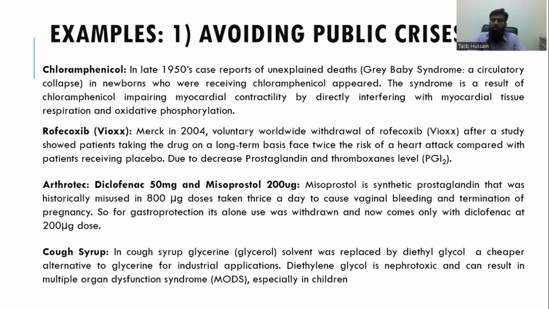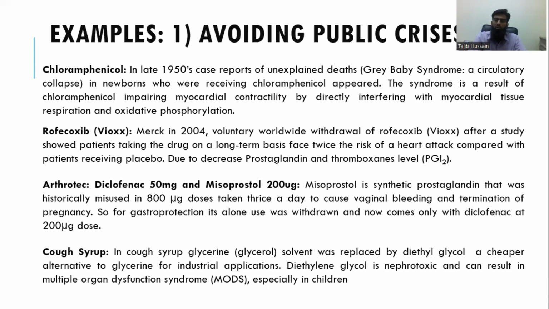When it was administered on a longer-term basis, it was seen to cause decreased levels of prostaglandin and thromboxane, PGI2, in the heart, which increased the chances of heart attack. Heart attack chances were doubled in those using rofecoxib for a longer period. So it was withdrawn worldwide in 2004, after 6 to 7 months of post-marketing.